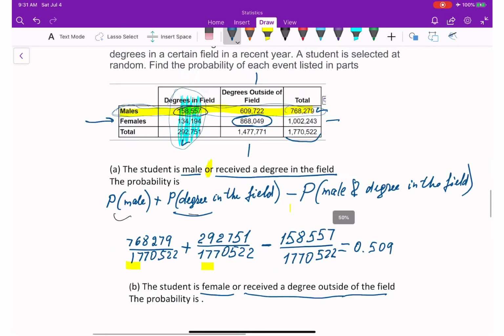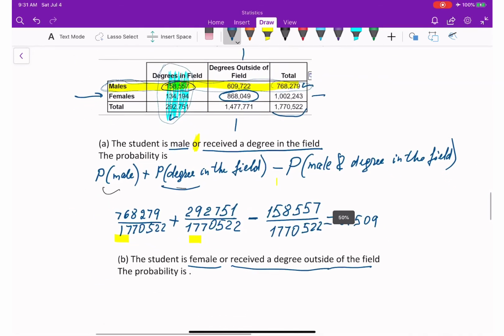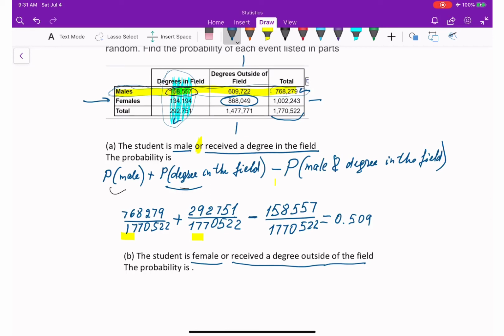So what we are going to do here, it is going to be total female. Hold on, let me write down. Probability of female. And we have here O, right? So we need to add practically female plus receive degree outside of field.